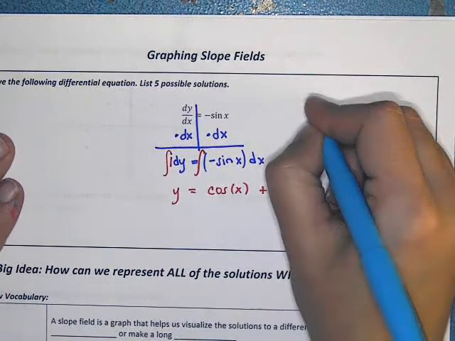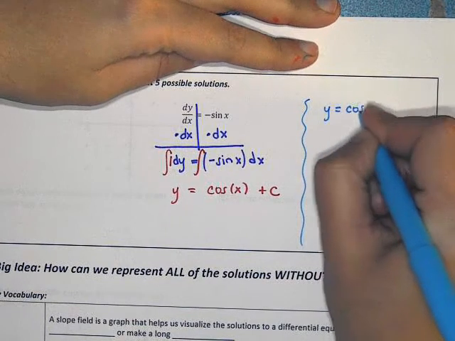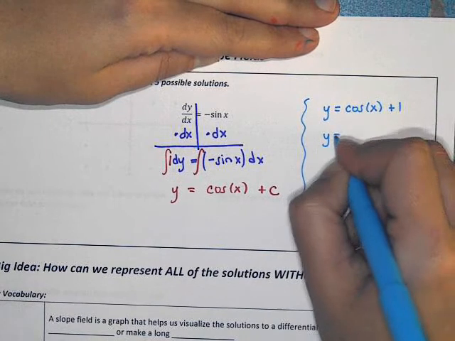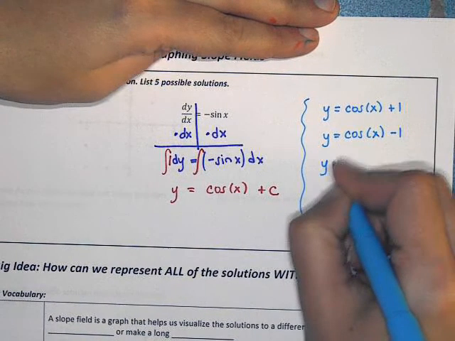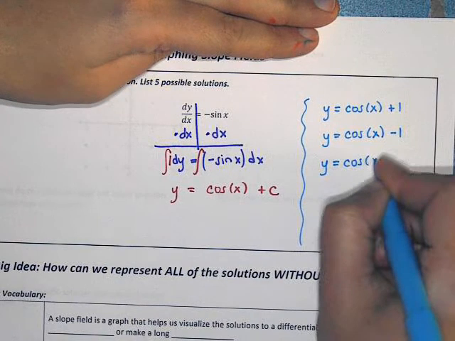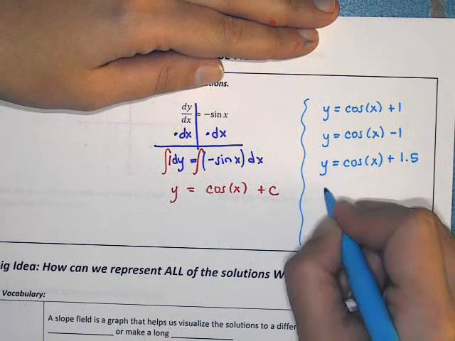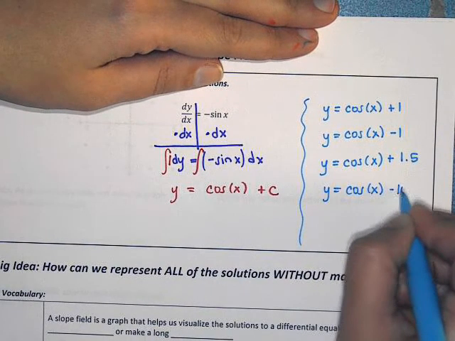5 possible solutions could be y equals cosine of x plus 1, y equals cosine of x minus 1. We could even get a little crazy and make it y equals cosine of x plus 1.5, or y equals cosine of x minus 100.